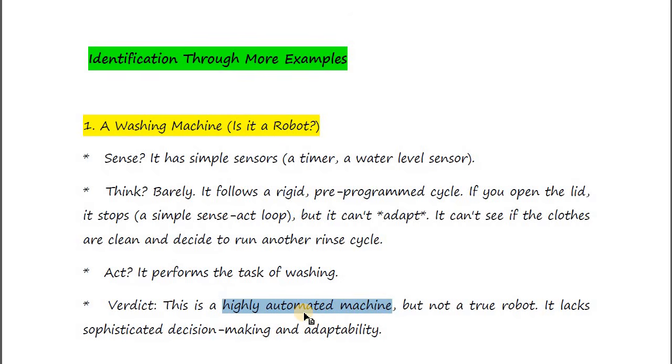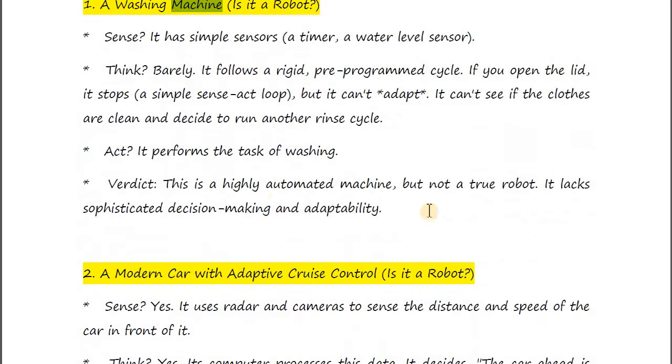Remember, this is not a true robot. You can say pseudo robot, but there is nothing called pseudo robot. You will just say the washing machine is an automated machine. It lacks sophisticated decision making and adaptability. Come on, the name itself has machine, otherwise we would be calling it a washing robot, isn't it so?